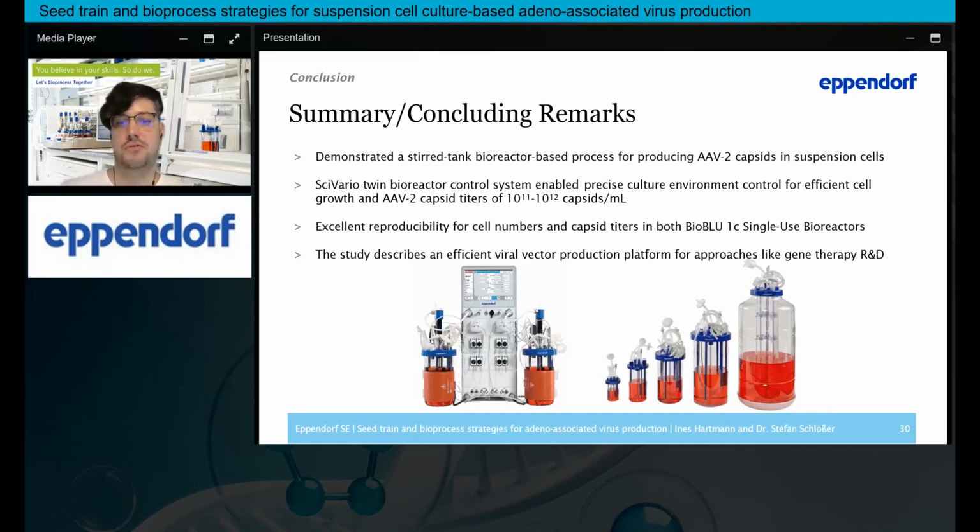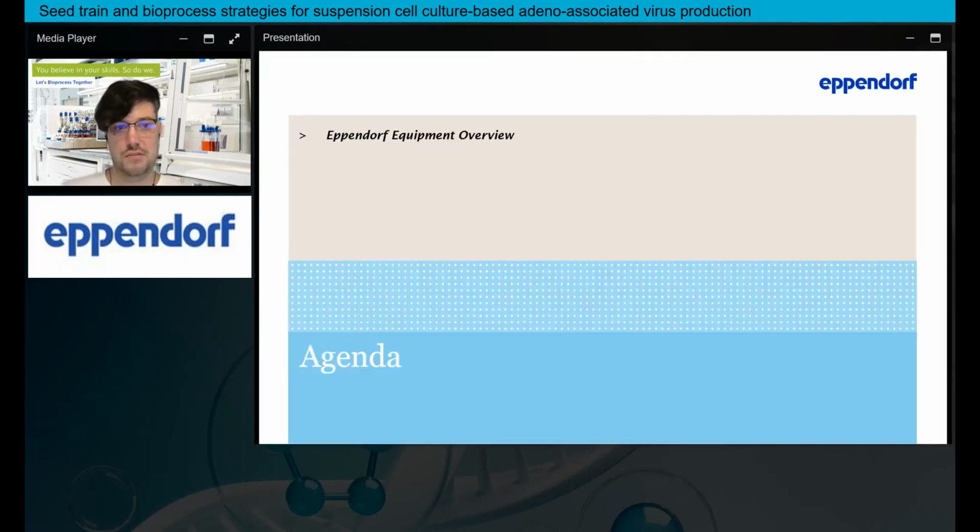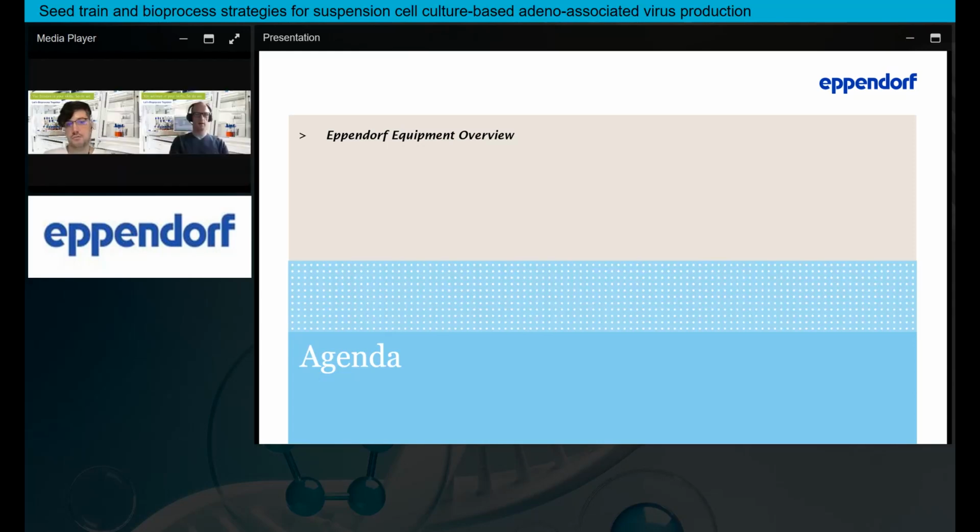However, Eppendorf is also offering bioprocess solutions if you want to go into clinical and commercial manufacturing. And we will hear more about this in the coming slides together with Christian. And to you, I hand over now for the overview of the Eppendorf equipment.